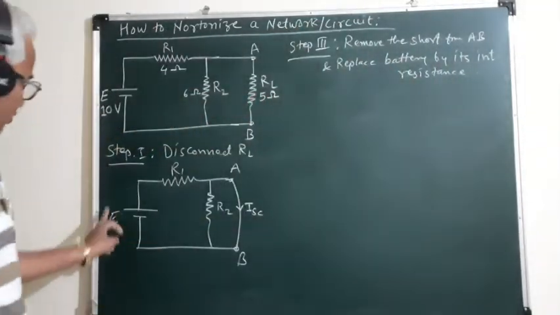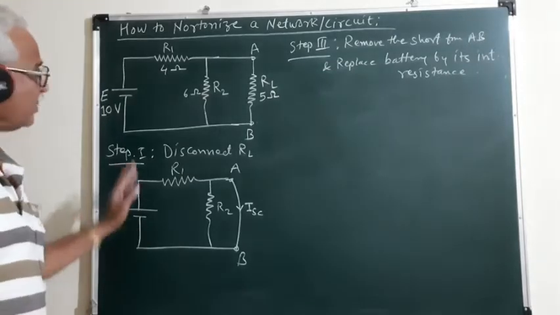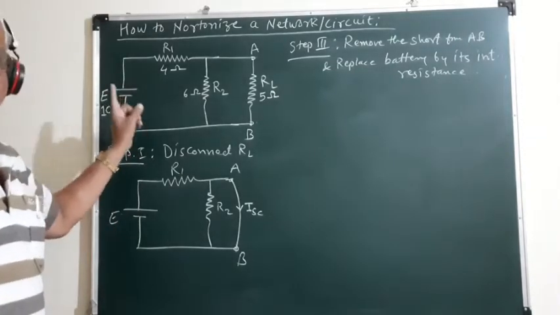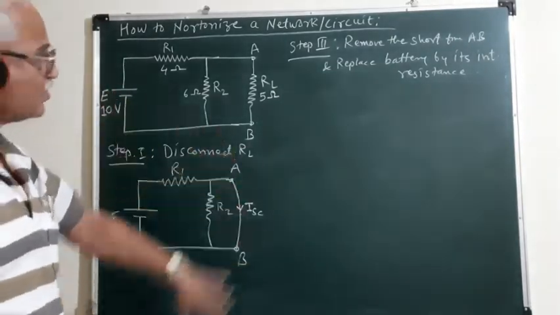In this case, no internal resistance is mentioned, so the internal resistance to be considered must be 0.